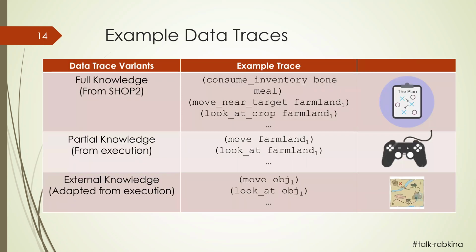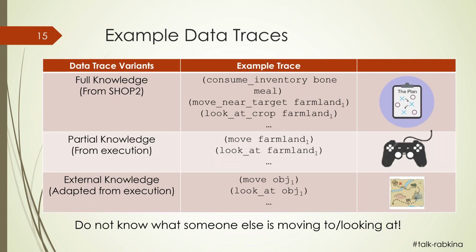What those look like here is, in the full knowledge condition, you literally have the plan as it is sent to the agent. In the partial knowledge condition, you have what the agent actually does. So now instead of looking at the crop on the farmland, it's just looking at the farmland. And in the external knowledge condition, now you're looking at some object.